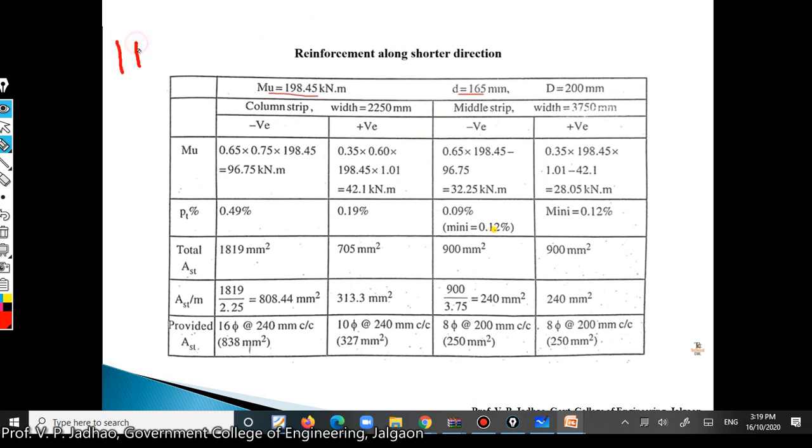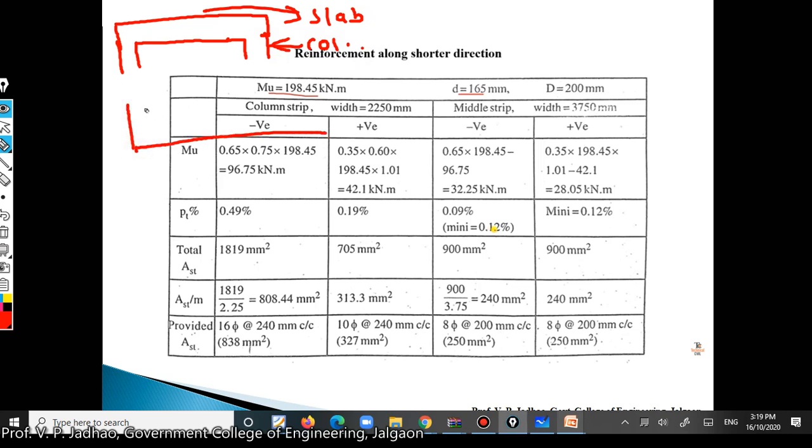If this is our column and this is our flat slab, okay, this is our slab, these are our columns. Now at the end span, the bending moment will be something like this.